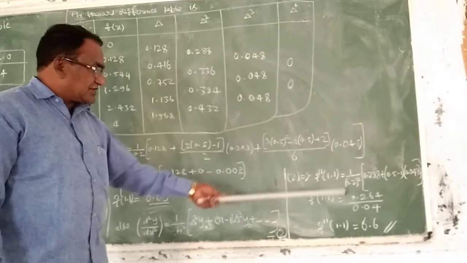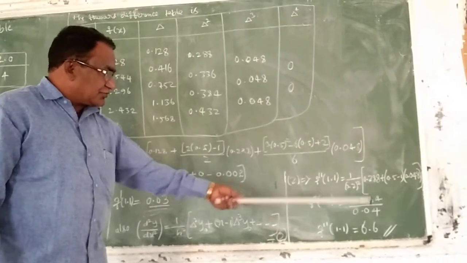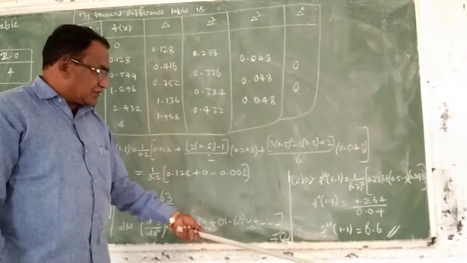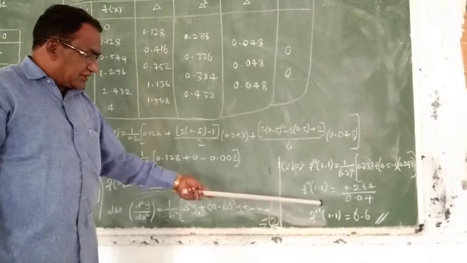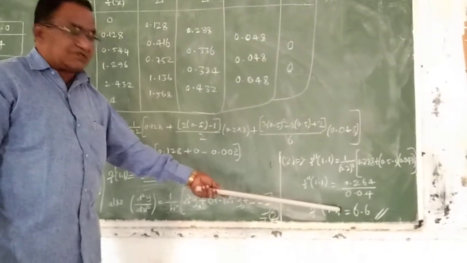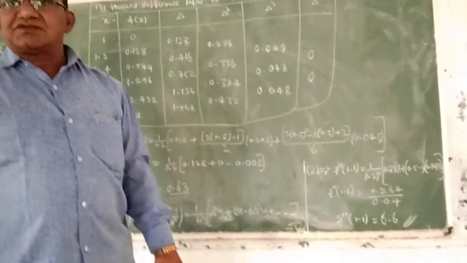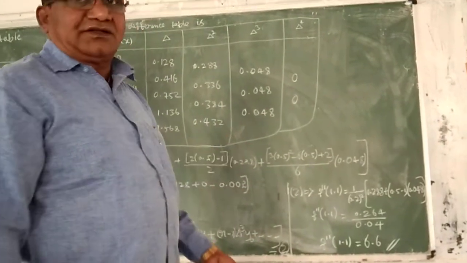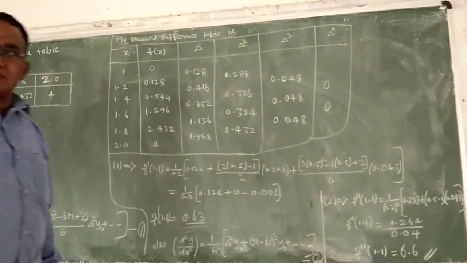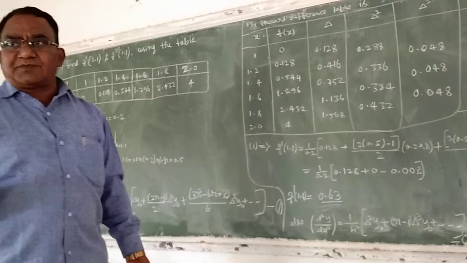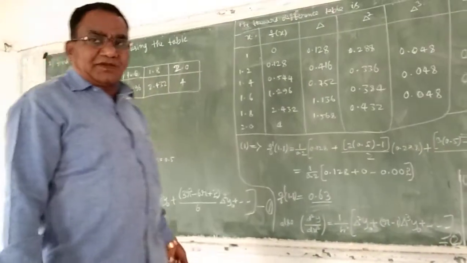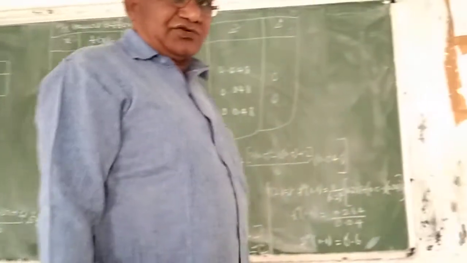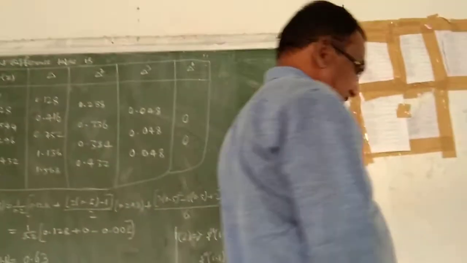So on simplification it is 0.264 divided by 0.04. Clearly f double dash 1.1 is equal to 6.6. Like this you can find the numerical differences at different points, x naught plus rh. Okay, let's go to the next, third example here.